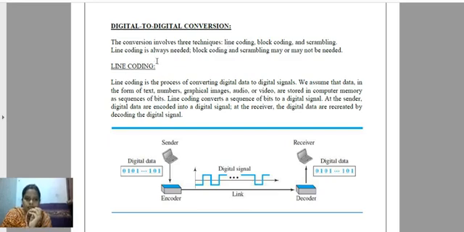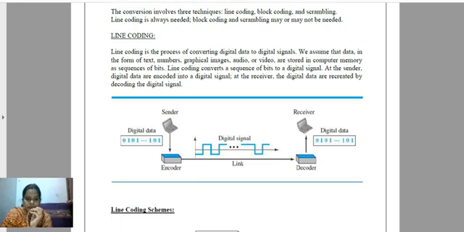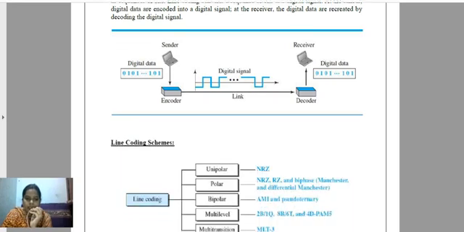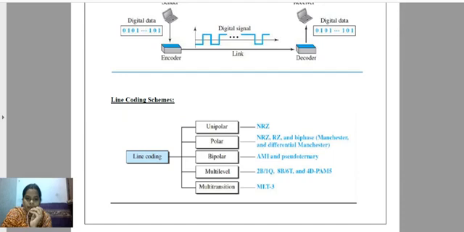Here we discuss line coding techniques. In line coding we have five techniques: unipolar, polar, bipolar, multi-level, and multi-transition. In each methodology different techniques work. For example, in unipolar we have NRZ, non-return to zero.